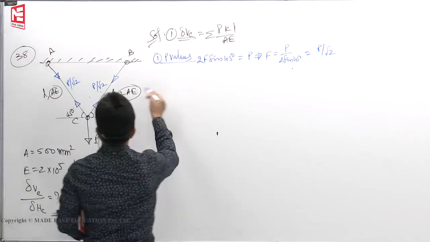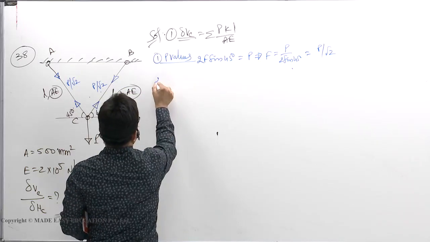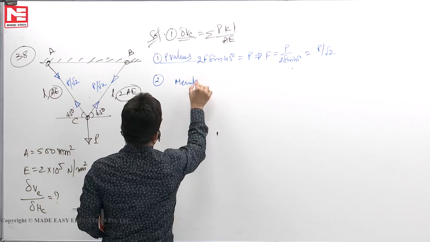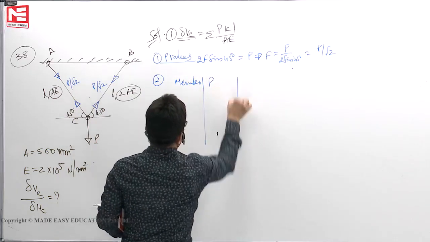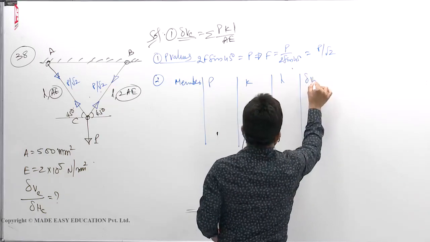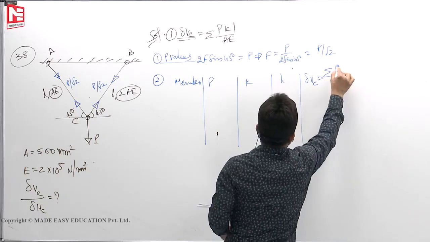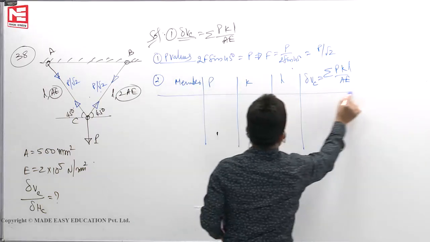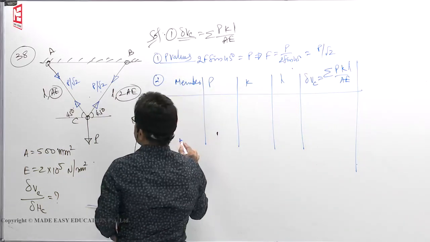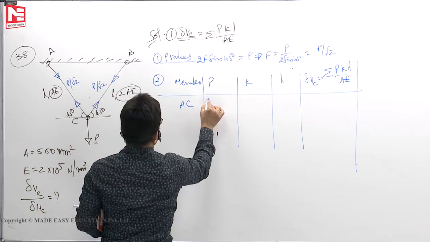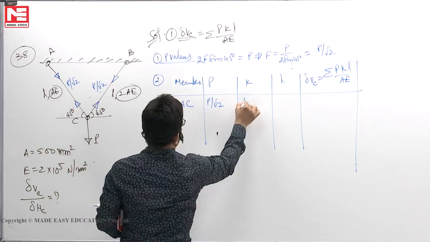Now what are the K values we can find? Directly we will take the step, this one. Member, P, K, L. Delta vertical deflection of C is the summation of P K L by AE. Member AC: P is tension, P by root 2, K is naturally 1 by root 2.